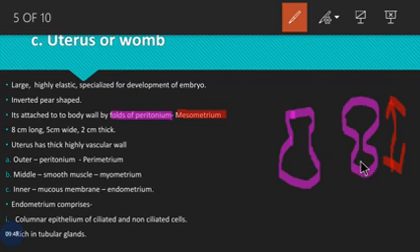And 5 centimeter wide, this one, right? And 2 centimeter thick. That means if we take just a TS of this uterus, we have a layer, and this layer measures about 2 centimeter thick.